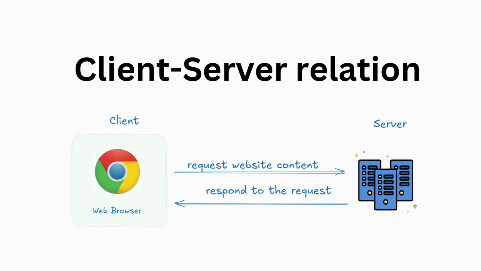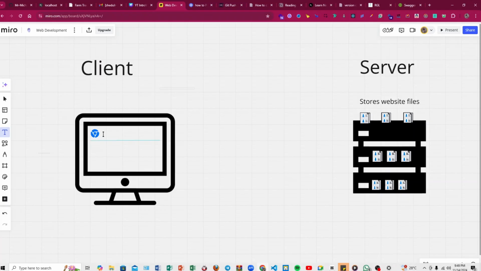To better indicate the relationship between a client and a server, let's consider this illustration. When you enter a URL or domain in the web browser's address bar and then you hit the enter key, you have requested an information or a resource.